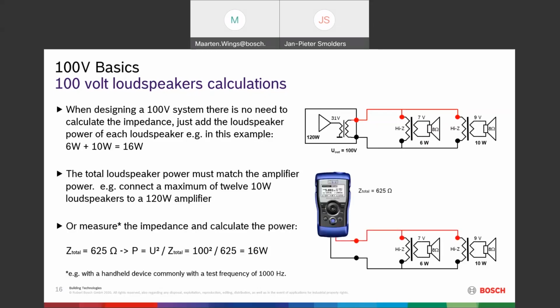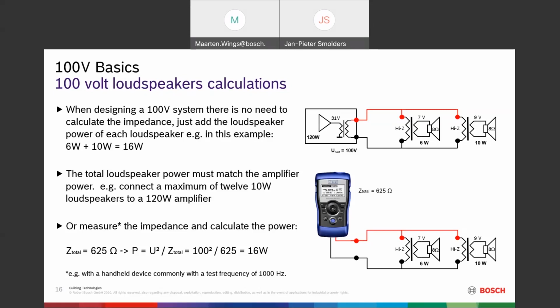If you do not know the specifications of your loudspeakers, if you're an installer and you have to change an amplifier or do something on the existing loudspeakers, on the loudspeakers that are already connected in the building, you can also measure this. There are measuring devices like you see here, the NTI on the right side. It's just a handheld device.